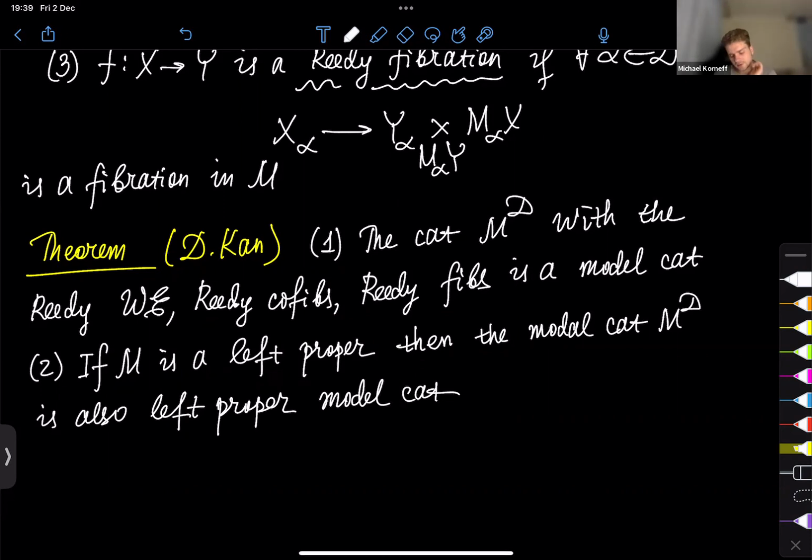Okay, and the same we can state about right and about left and right simultaneously.